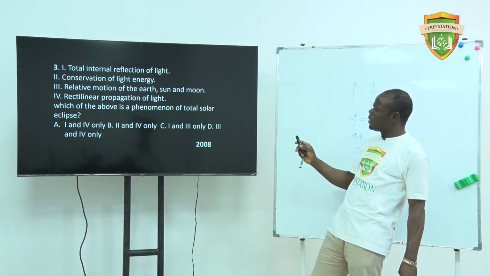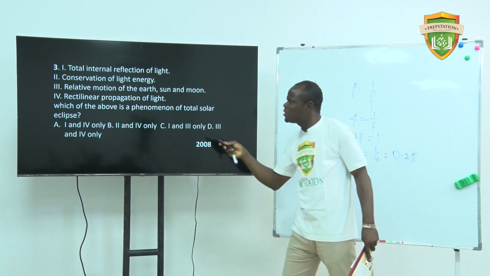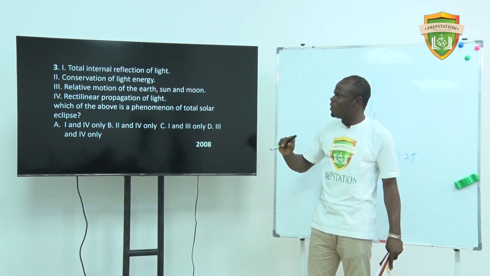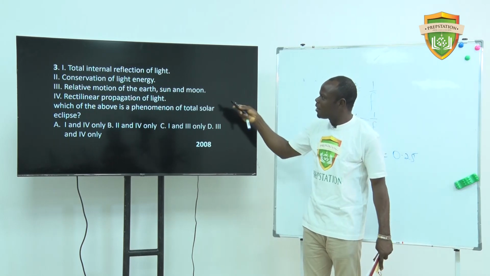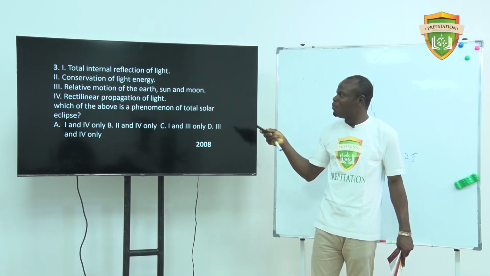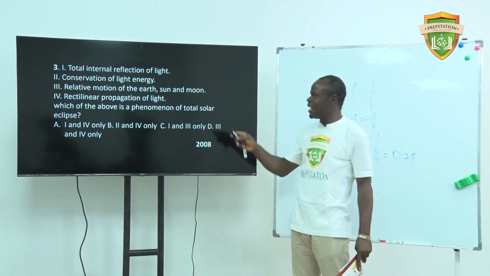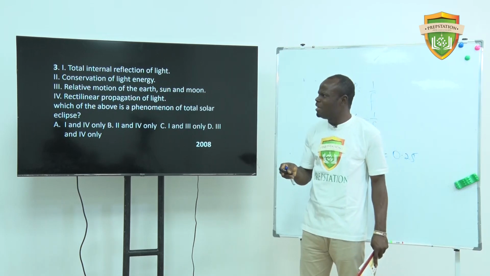Then let's take a look at what happened next. Do we have 1, 2, 3 having something to do with the question? Yes, take a look at 3. Relative motion of the earth, sun, and moon. Before the concept of solar eclipse will come to be, there must be a movement before they align. That tells you that point 3 is part of it. Is there conservation of energy involved?